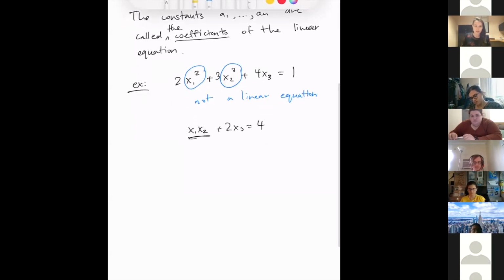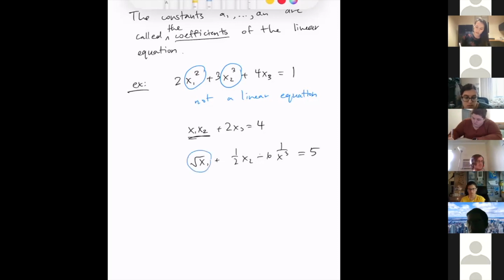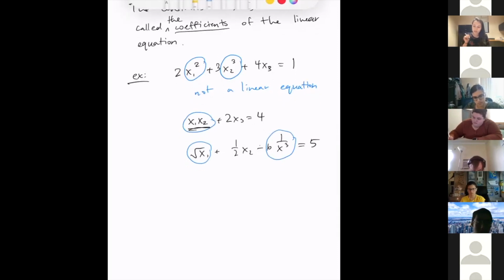You also can't have square roots, which is also like being raised to some power. These are all non-examples of linear equations. Here, the issue would be here and also here. Great. Okay.